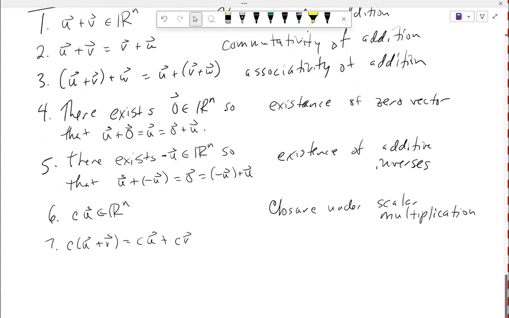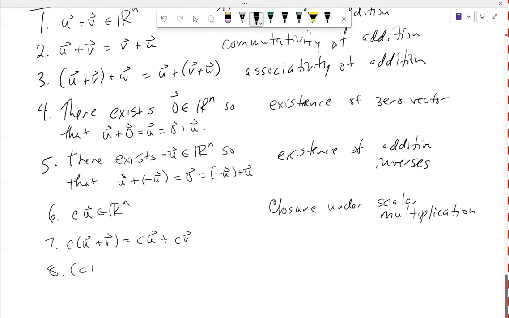The next two are distributivity axioms. I will mention something about the 8th one here real quick before I write down the last two. What are we adding together on the left-hand side? Two scalars.